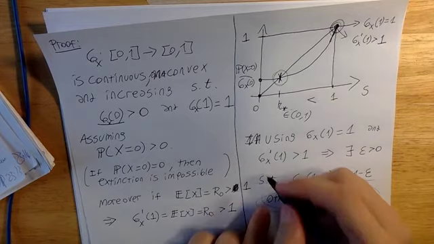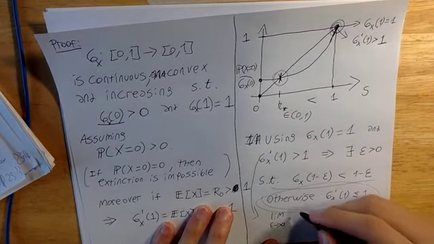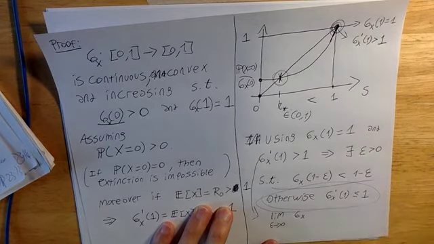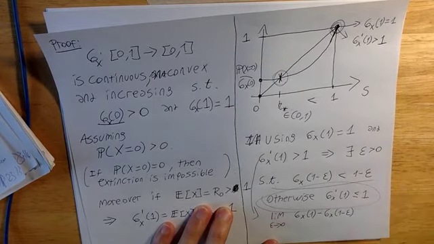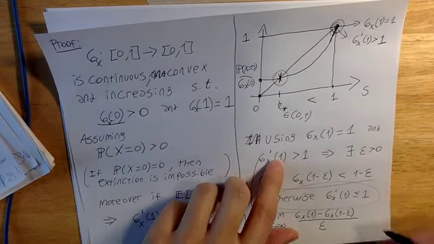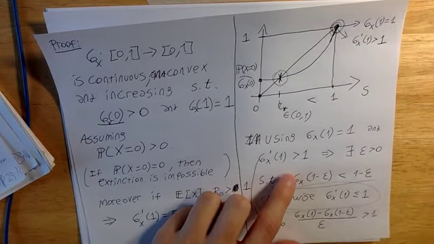Okay, so what is this? This is the limit when epsilon goes to 0 of g x of 1 minus g x of 1 minus epsilon over epsilon, and this is what we are assuming that is bigger than 1.